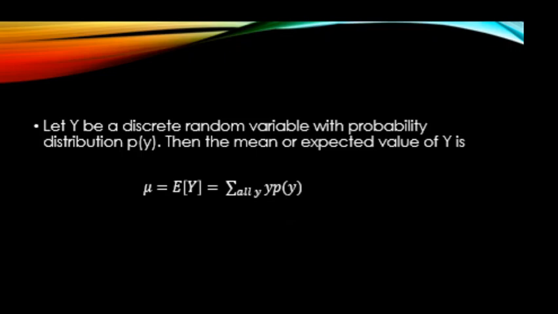So it's kind of a weighted average. A value of y which has a higher probability will have more weight here, and something with smaller probability will have a lesser weight. So y times its probability for each value of y, and then we add that up. That gives us the expected value or the mean of our discrete random variable.